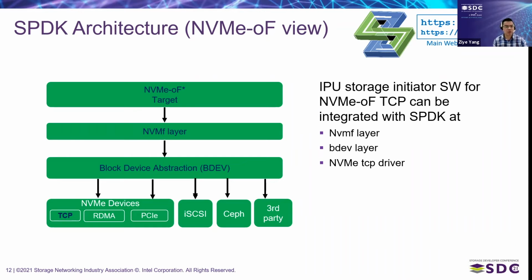For example, we support TCP transport, RDMA transport, and PCIe transport. And especially for Intel's IPU storage initiator software, we use the components highlighted in this diagram. It is the NVMe over Fabrics target, the NVMe over Fabrics layer, and the NVMe BDEV layer, especially with the TCP transport implementation.